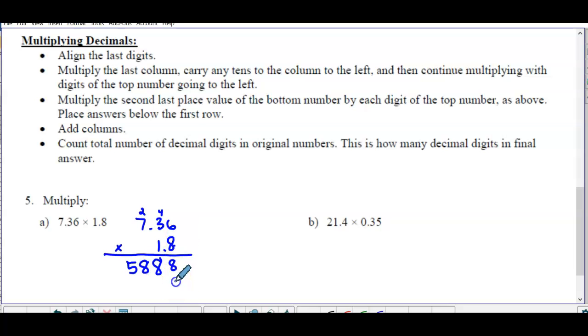Then we have to put a 0 underneath that column because now we're multiplying by the next digit, the next place value. So 1 times 6 is 6, 1 times 3 is 3, 1 times 7 is 7.